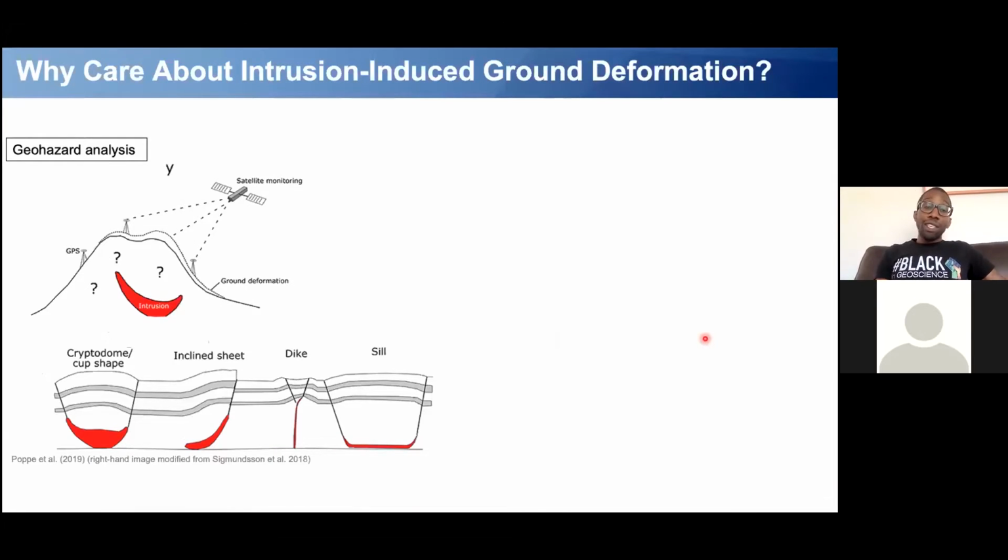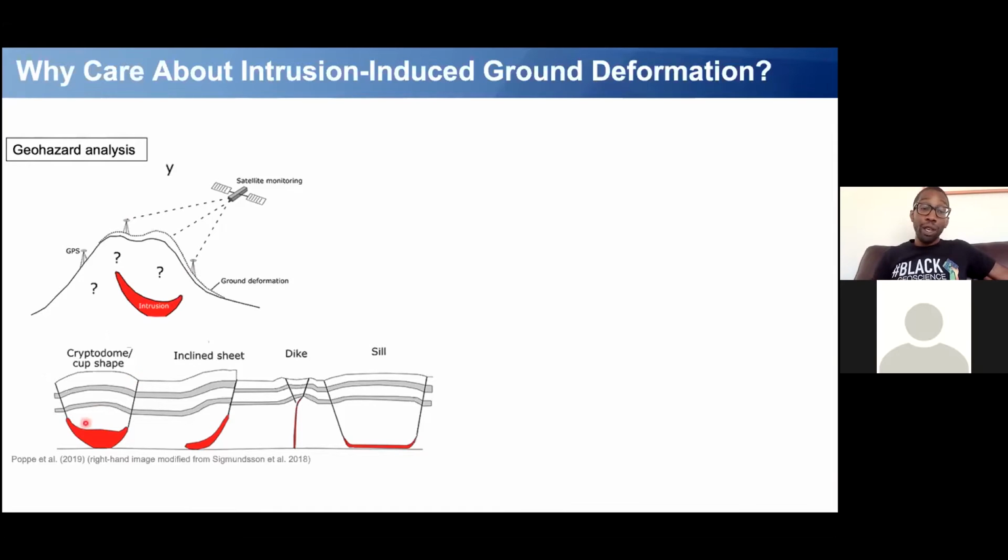Why do we care about this? Well, I'm preaching to the converted here. We have an interest in geohazard analysis and related mitigation. So we can use geodesy and looking at volcanoes from space, as Tamara said, to try and work out how a deforming volcano may tell us something about the size and volume and shape of the forcing member, the intruded body.